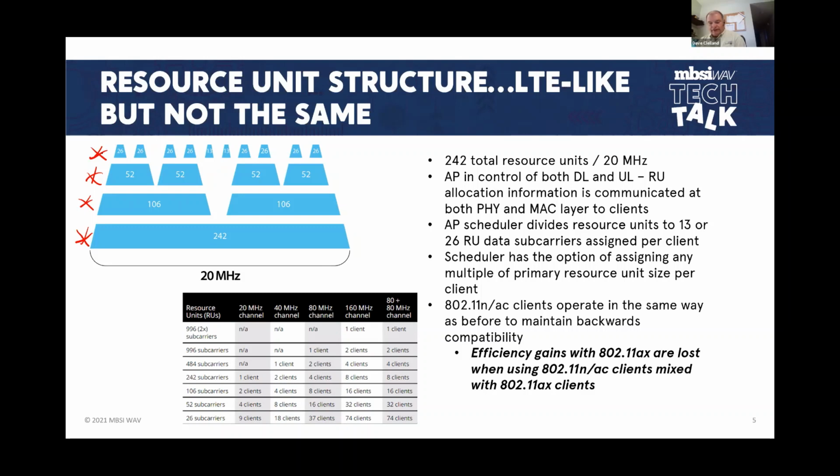In the smallest resource units, we have as low as 13 symbols. The next step up is 20 symbols, 52, 106, and 242 symbols at a time.